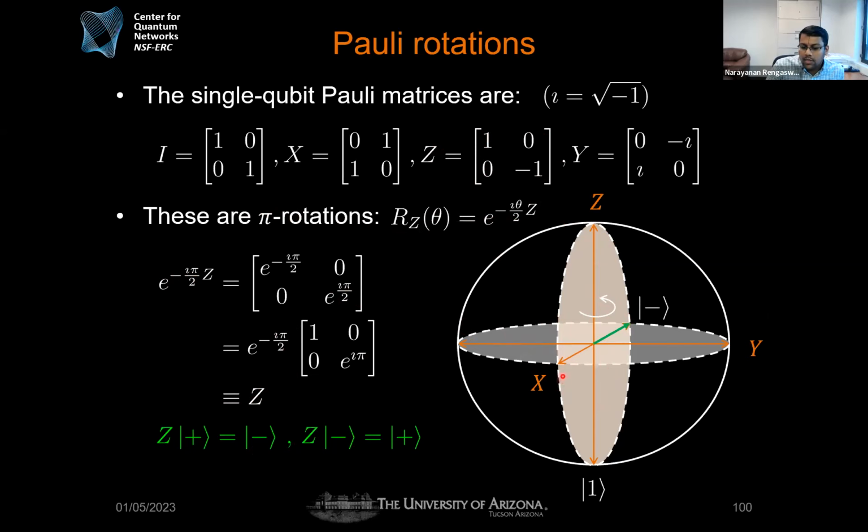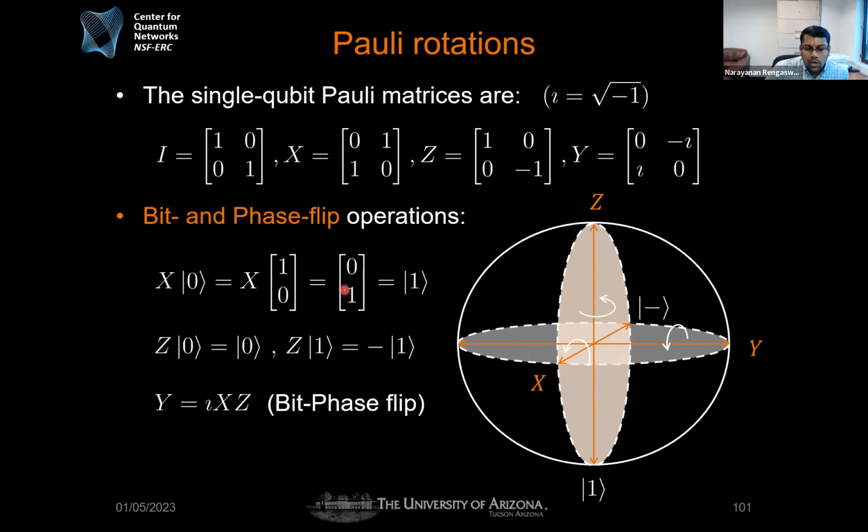Similarly, the X rotation is a pi rotation about the X axis, and Y is a pi rotation about the Y axis, where you just change Z to X and Y. Another important thing is that global phases don't matter. That's why we were able to drop the extra phase when we exponentiated Z, and showed that it's equivalent to Z. Similarly, you can do this for different angles theta, and all of those can be represented on the Bloch sphere.